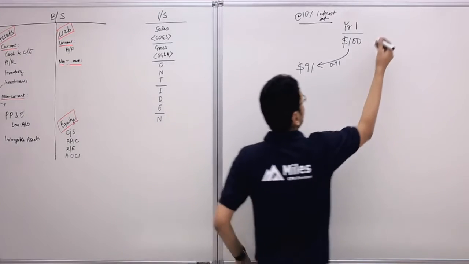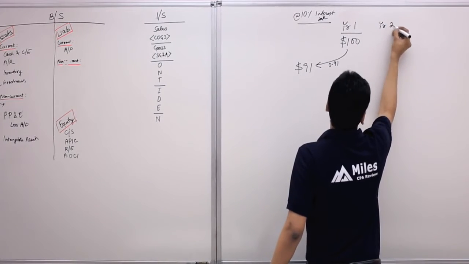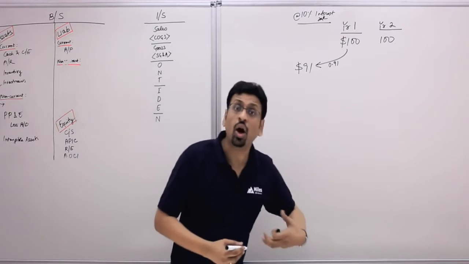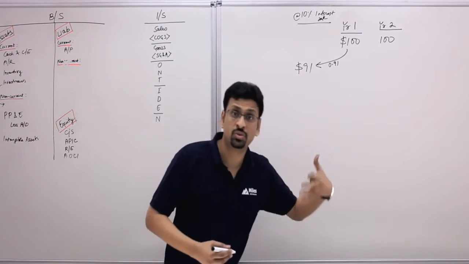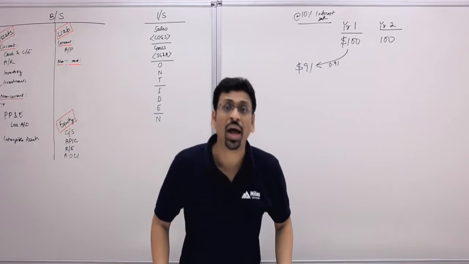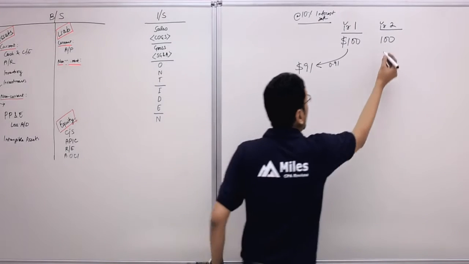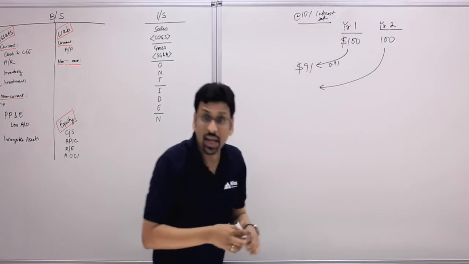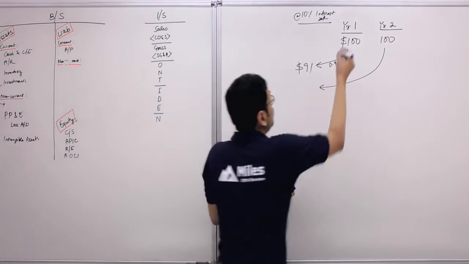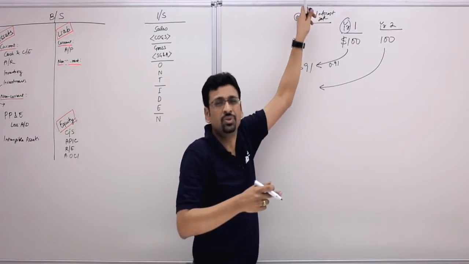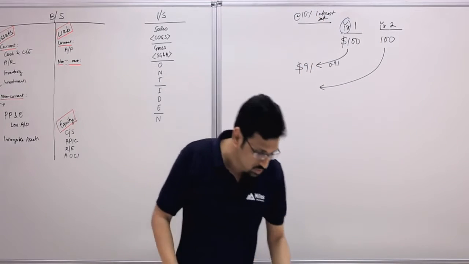So let's do that for the second year. So how much is $100 after 2 years worth today? Or in other words, what is the present value of $100 coming in after 2 years at 10% interest rate? So we're looking at two things. We're looking at the time, the year 1 or year 2, and we're looking at the interest rate, 10%. So we're keeping it at 10% for now.